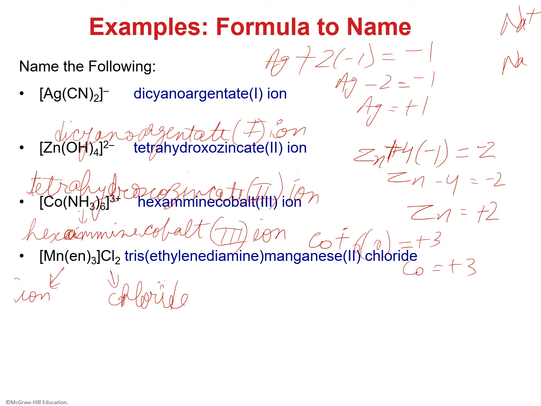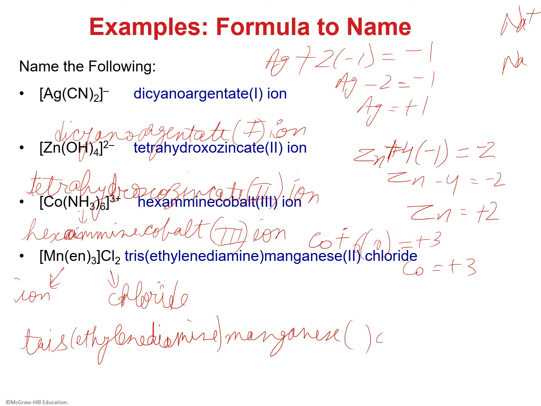We'll first put the name of the ligand, which is ethylenediamine. How many? 3, which means it's tris(ethylenediamine), followed by the name of the metal, which again in this case is cationic in nature, so it's going to be the same, manganese, followed by charge, and then followed by the final ion, which is chloride.